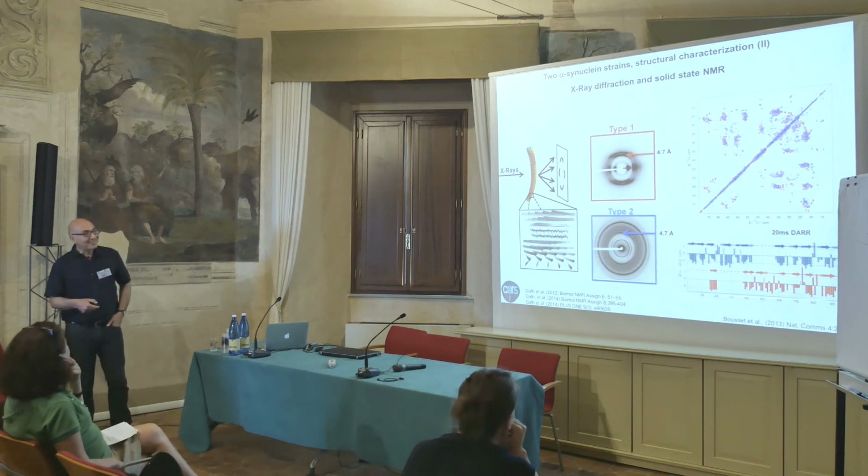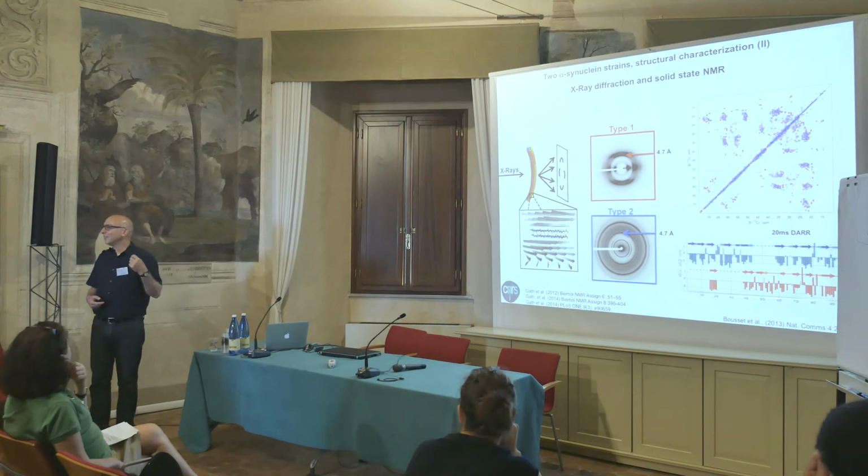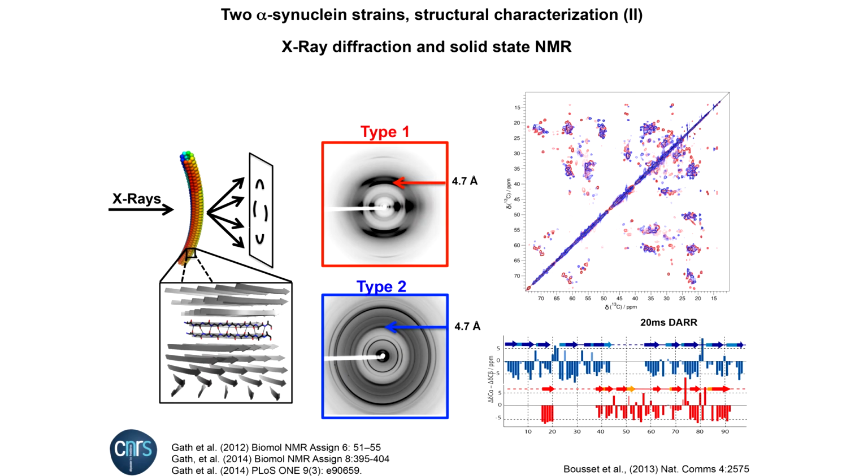From this, you can determine the secondary structure content of your fibrils, and this is what is represented here at the bottom. The form that we coded blue has nothing to do with the form we coded red. Both have beta strands, which is what these arrows mean, but they are distributed differently.